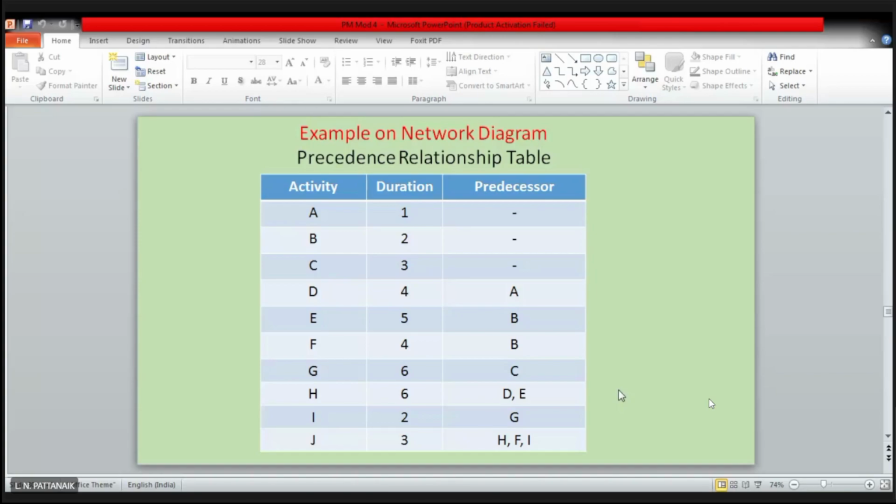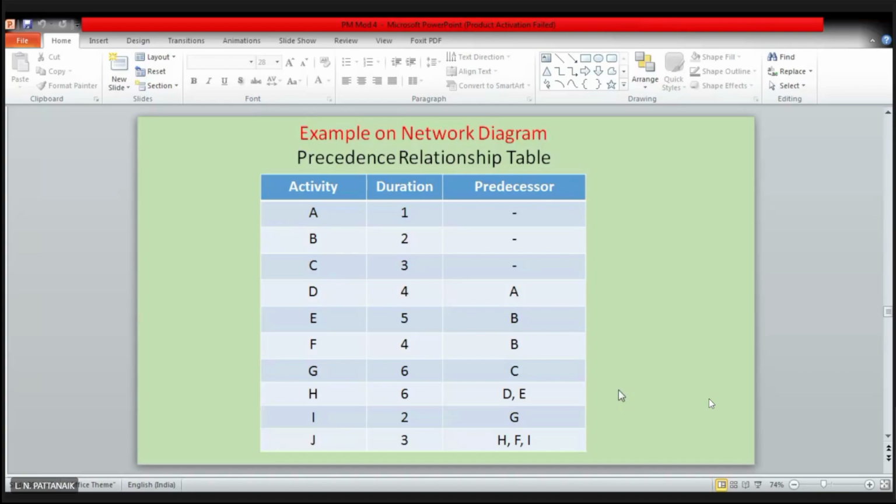Please, all of you, take this problem and try using the kind of things I told you. Try to construct this network diagram using the method that I told you. Of course, it is activity on the arc I am asking you.